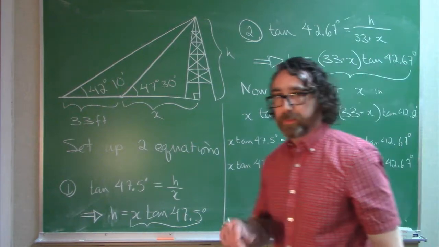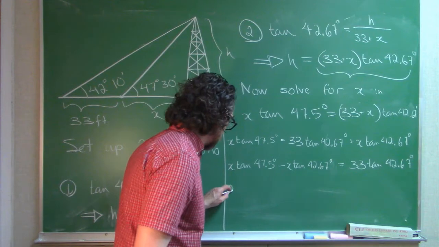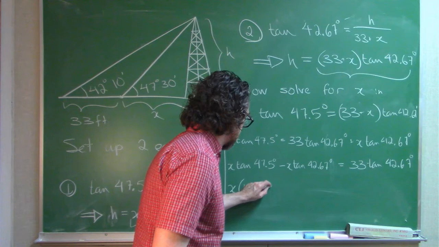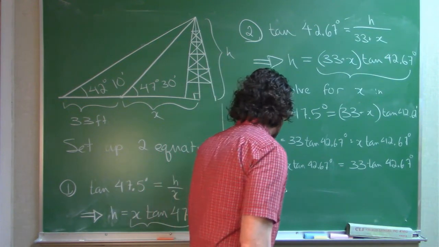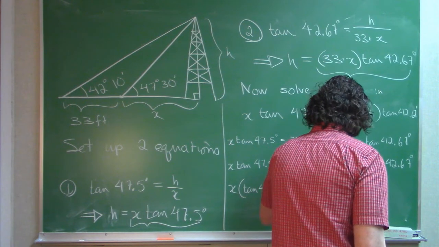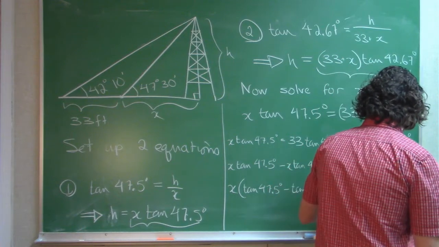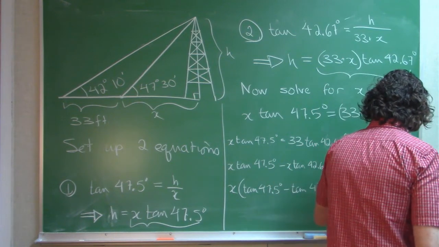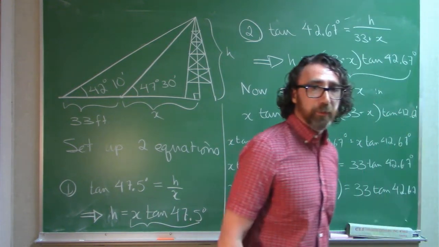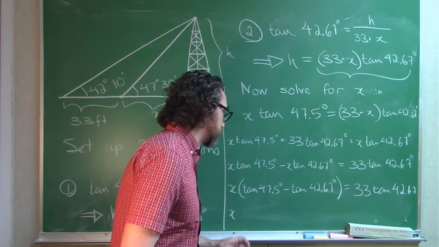Now I've got all the x terms on one side. What I'm going to do now is factor out my x. So that's taken out, and now I'm going to solve for x using some division.